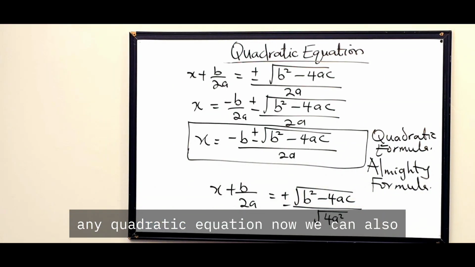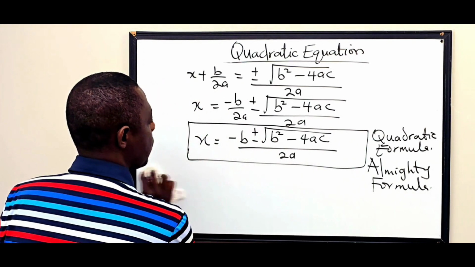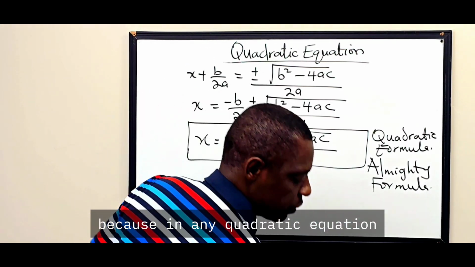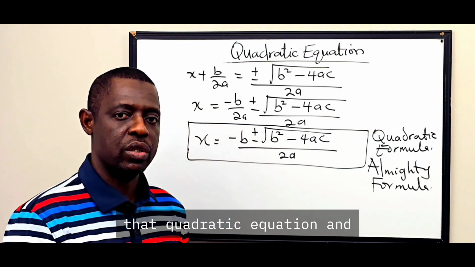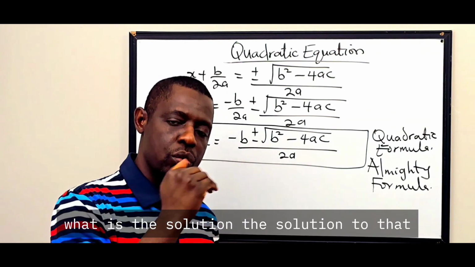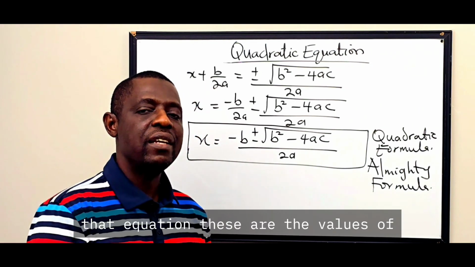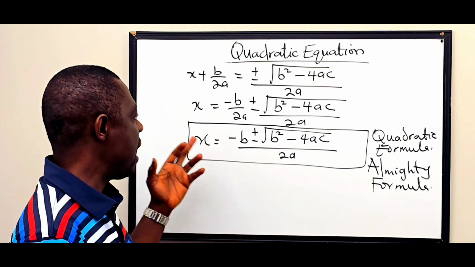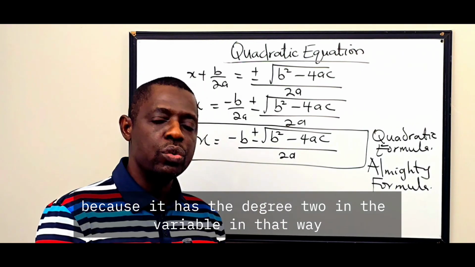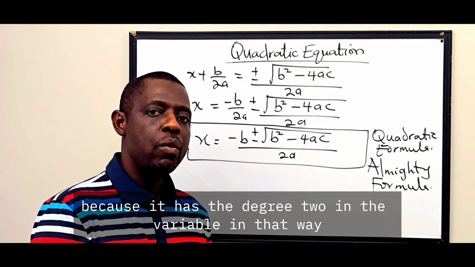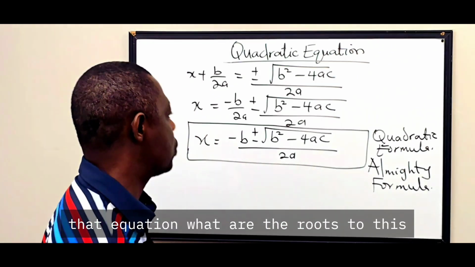Now we can also split this, because any quadratic equation must have solutions. And what is the solution? The solutions are the roots of that equation. These are the values of x. They must have two values because the equation has degree 2 in the variable. In that way, we can easily find the roots of that equation. What are the roots of this equation?